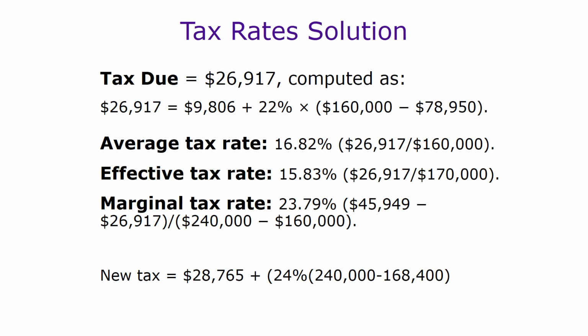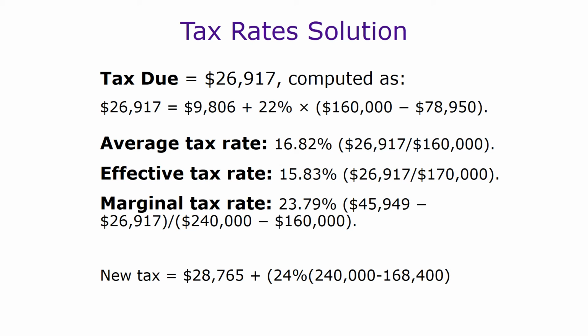The formula in that range of income is 28,765 plus 24% of the amount taxable income, 240,000, is above the 168,400. When you calculate that out, and I didn't put the total there, it will be $45,949. So if you want to jot that down or just make sure you can do that calculation.